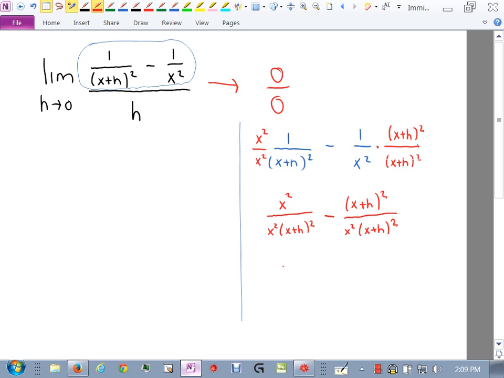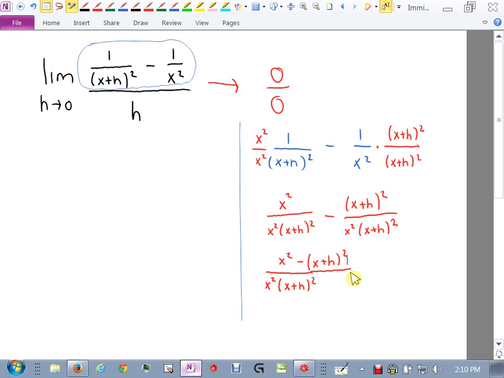Now, to put them together, I need to be careful with that subtraction, right? So I'm just going to put minus x plus h squared. Do you all agree that's what this becomes if I get a common denominator?